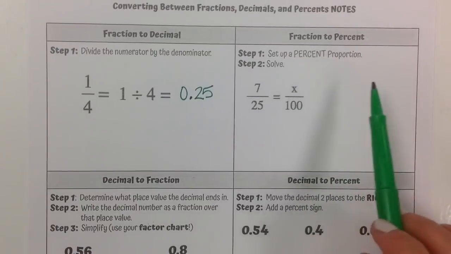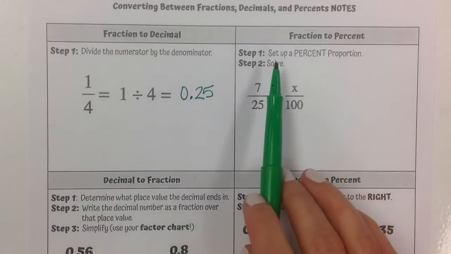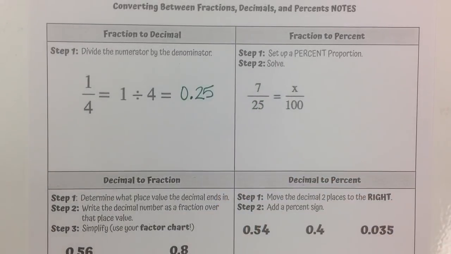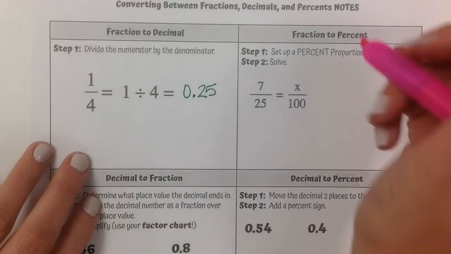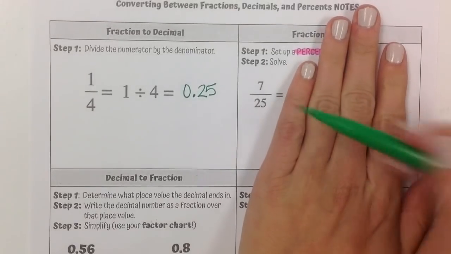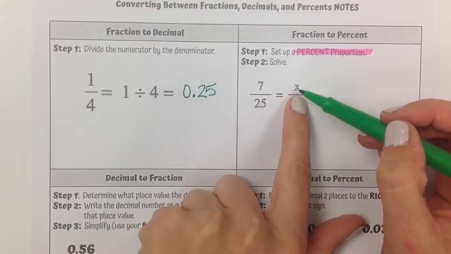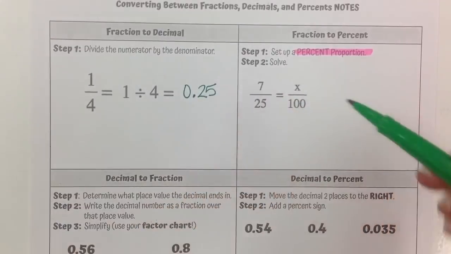If we have a fraction and we want to turn it into a percent, we've been practicing that a lot recently. All we have to do is set up a percent proportion, which we should know how to do. So I've got a fraction, 7 over 12, that equals what percent, because we are solving for the percent, and percent is always out of 100.